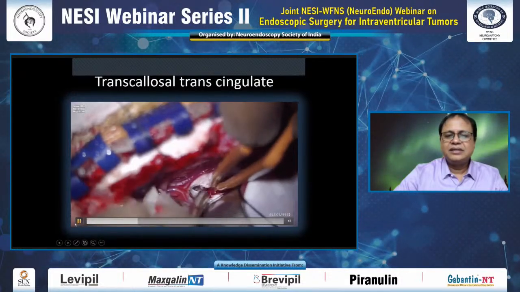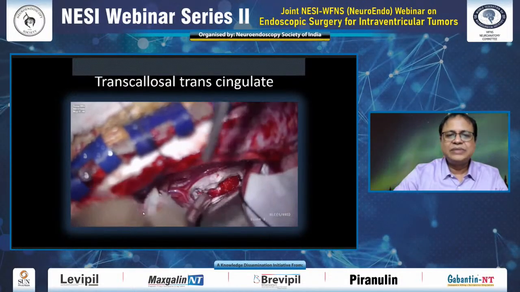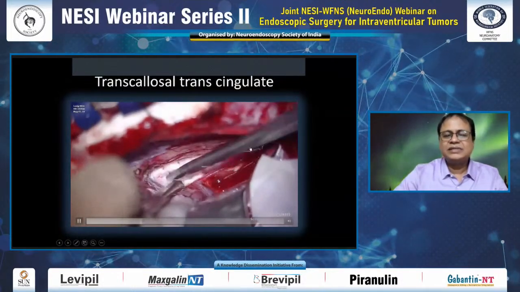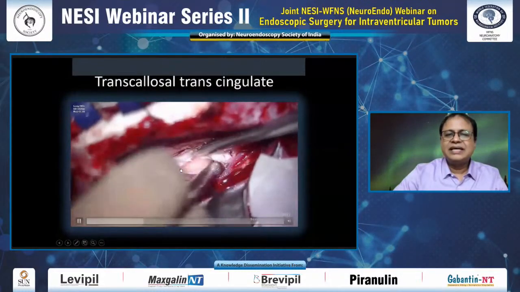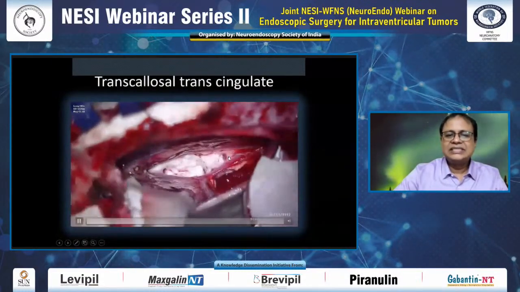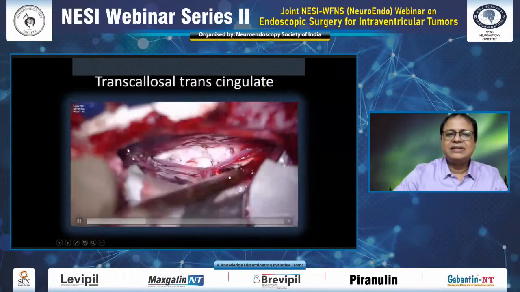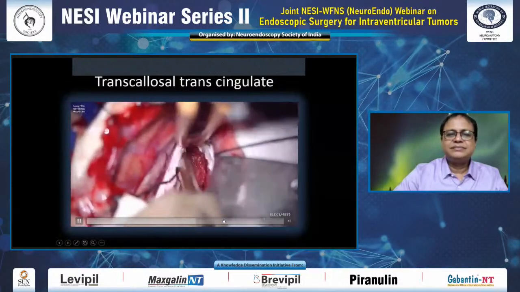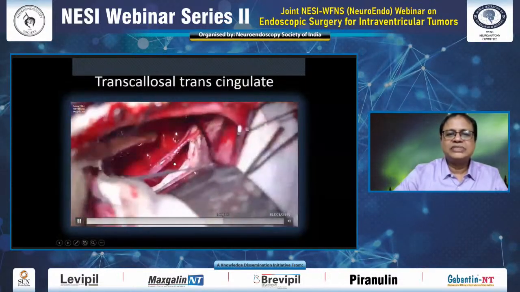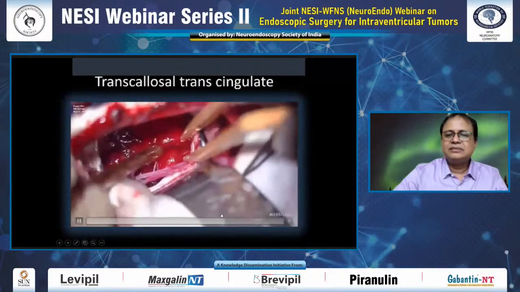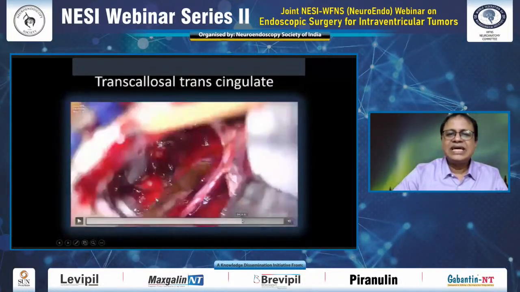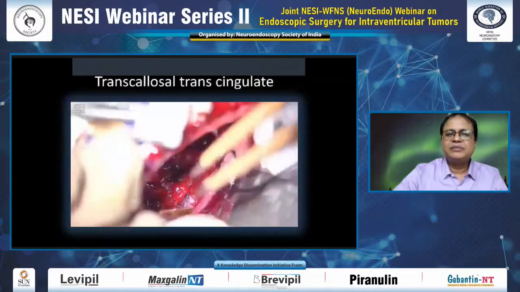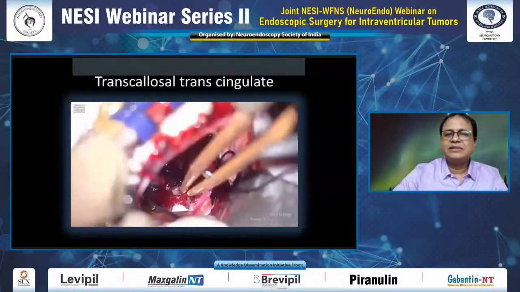Normally in transcallosal, you go between the ACAs, but here we worked on either side of the ACA. We first started in the interhemispheric and then worked lateral to the ACA to have a good access to the lateral part of the tumor. So working on both sides of the ACA, we have a better total excision, and post-op we do not have surprises of a little bit of tumor left along the lateral wall of the ventricle.